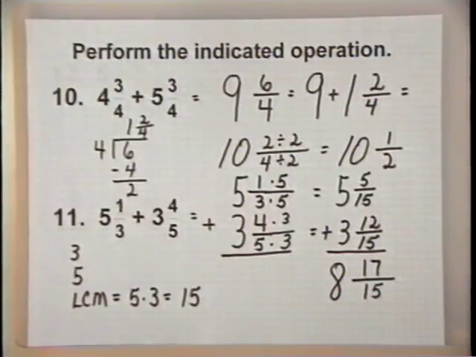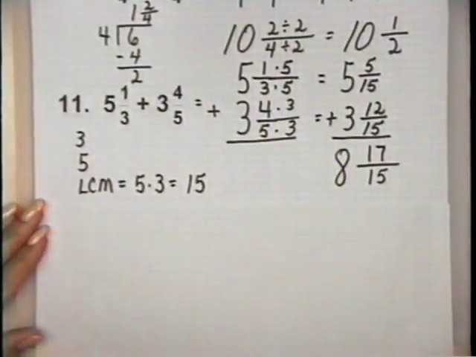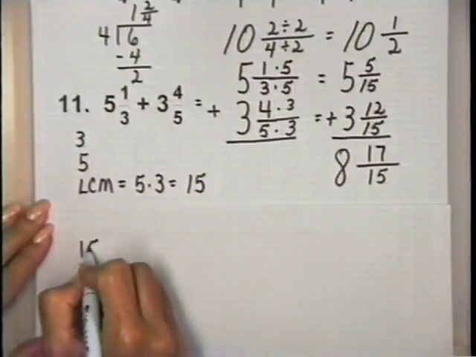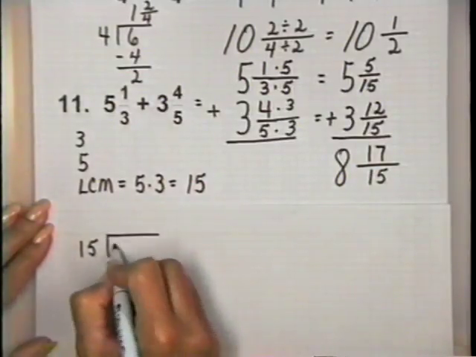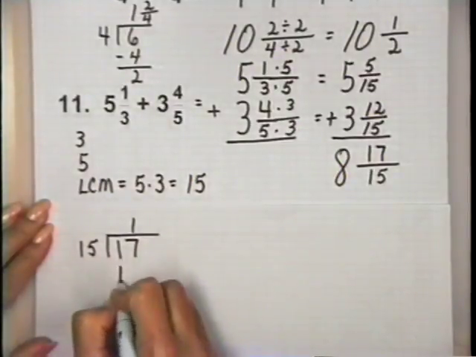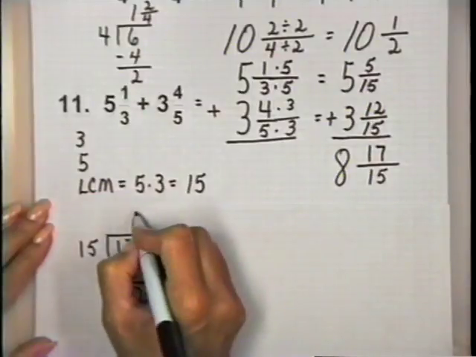What about the fractional part of this sum? The fractional part is improper, isn't it? Let's divide the 15 into the 17. We get 1. Let's multiply and then subtract. We have a remainder of 2.